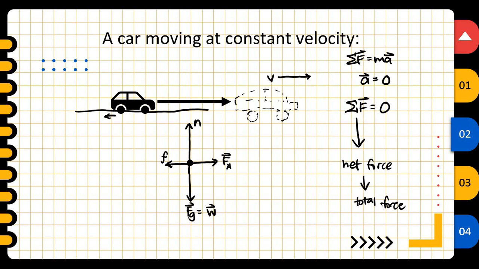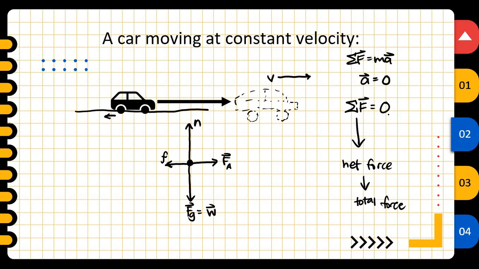Now, is this applied force equal to the net force? I mean, is this applied force equal to the friction force? In magnitude, they are equal, of course, because according to our scenario, the net force inside the system would be equal to 0.